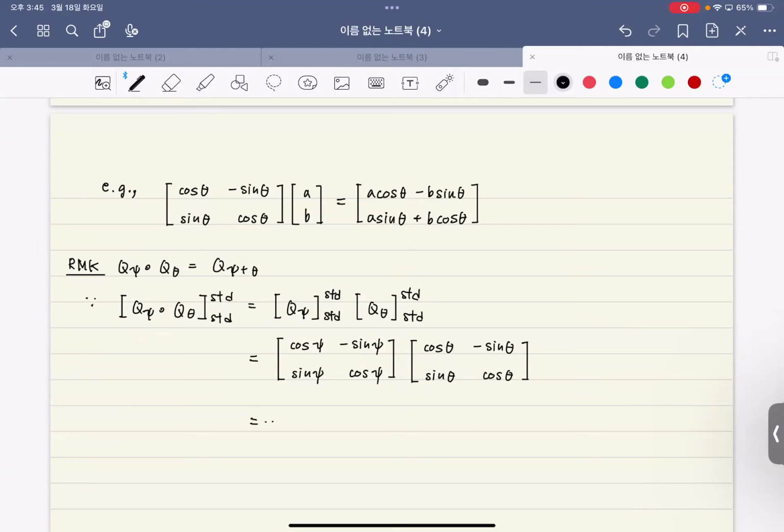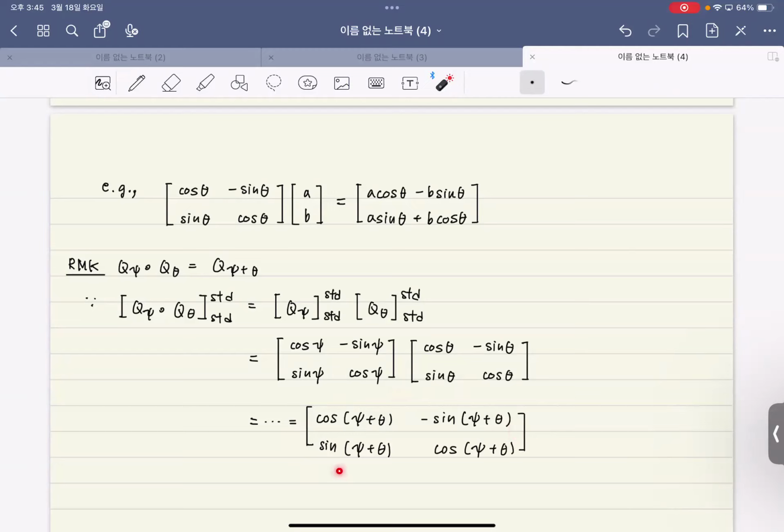Then by using some trigonometric identities, it turns out this is cosine, sine. This is just an easy computation. If you haven't done this exercise by yourself, I believe this is the right time to do it, and just convince yourself that this is the resulting matrix. And the final matrix is clearly a matrix that represents this rotation. Okay, so the claim has been proved.